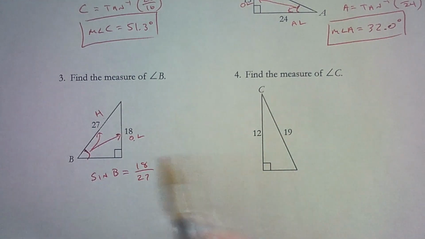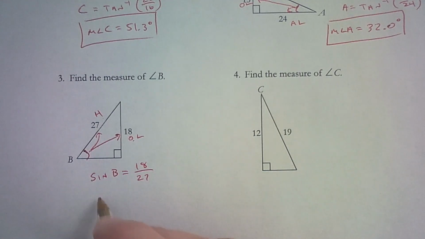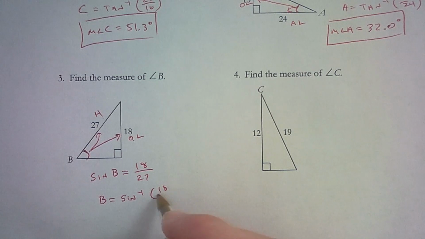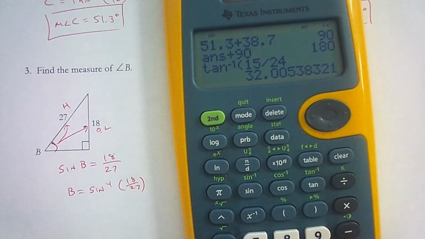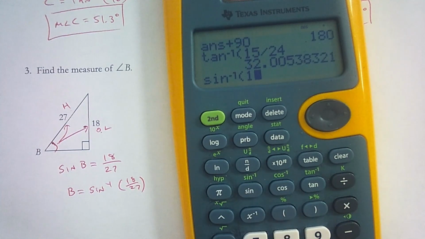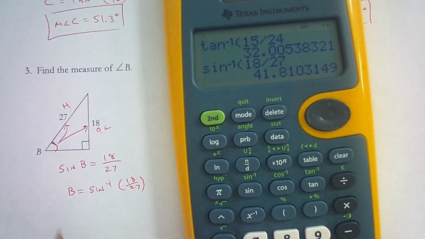Okay, and again, the angle measure is the variable, so B equals inverse sine, 18 over 27. So that's second sine, 18 over 27, 41.8 degrees. So the measure of angle B is 41.8 degrees.